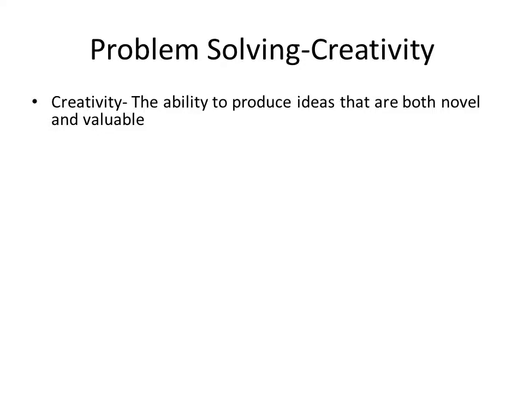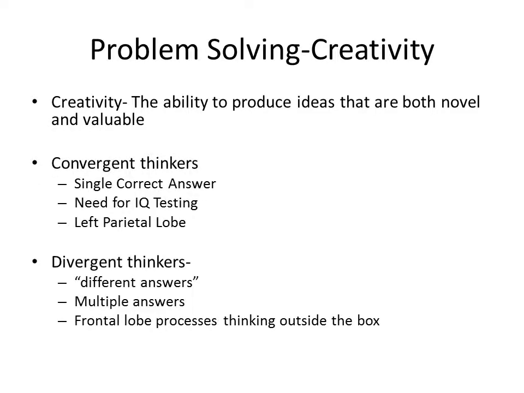All right, the next thing that it talks about with trying to figure out problem solving, after strategies, is how creative you are. Creativity is the ability to produce ideas that are both novel and valuable. There are 2 different types of thinkers out there. There are convergent thinkers, which we'll talk about. They prefer a single correct answer.